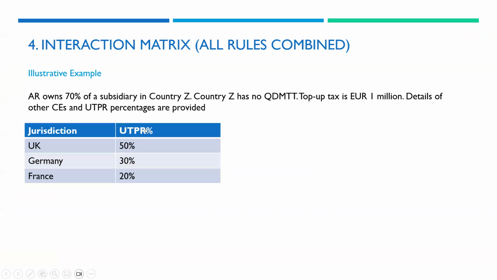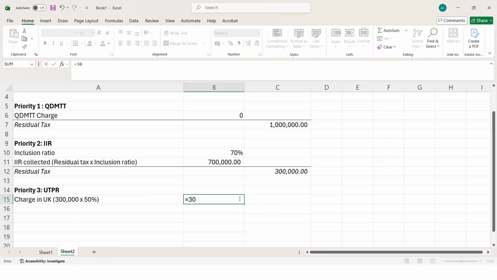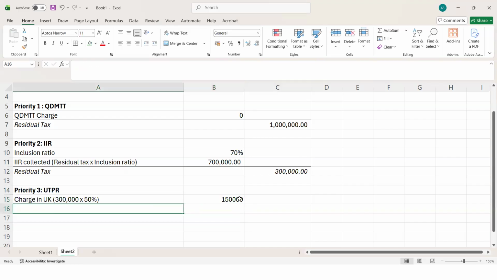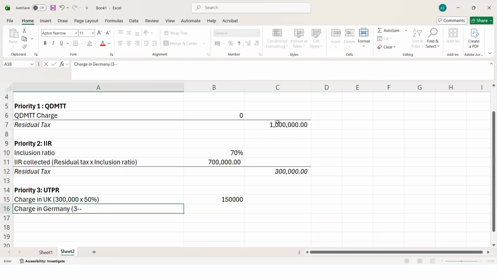We know how we calculate it, employee factor into tangible asset factor. So first one is into 0.5. Then they've got Germany, 300,000 into 30%.